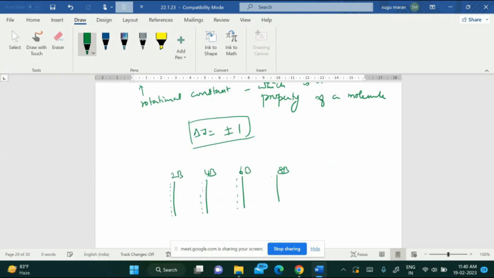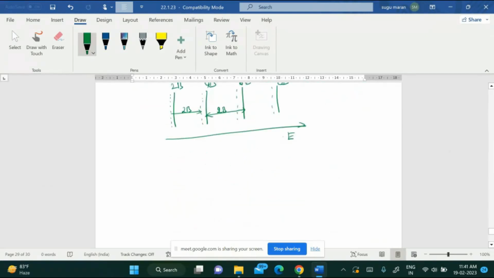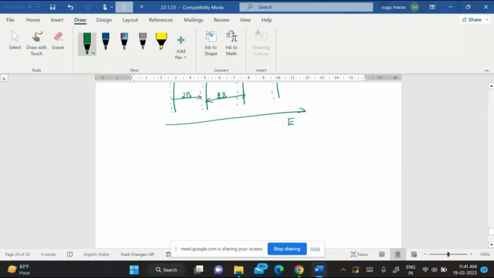So this is my increasing energy. The energy gap between the non-rigid rotator, shown in a dotted line, and the rigid rotator, shown in a dark line, is once again 2B. So the difference is not the matter. Only the energy levels change, and the placement of the rotation energy changes, but the consecutive energy level difference is almost 2B, so that is not a problem.